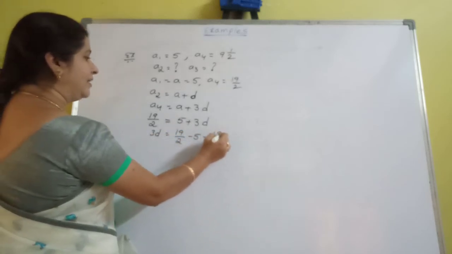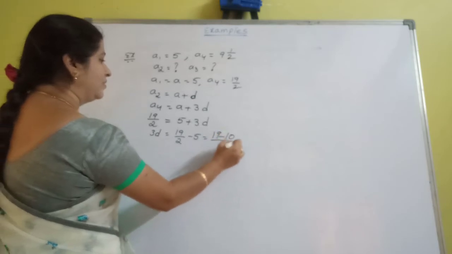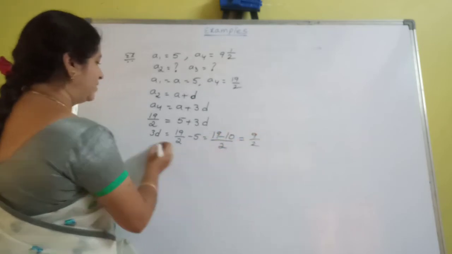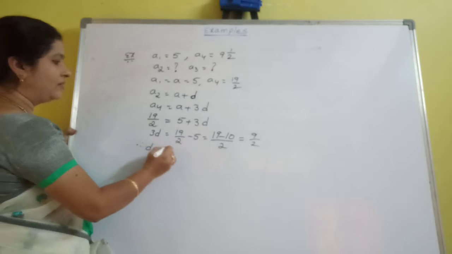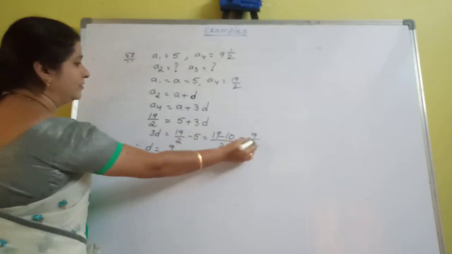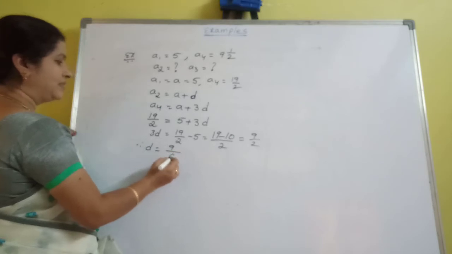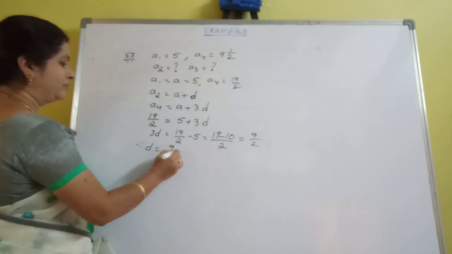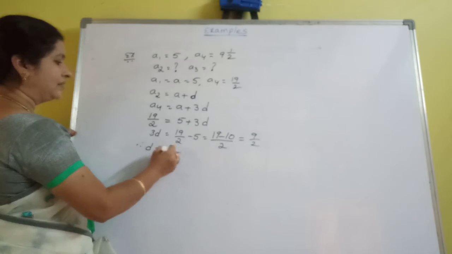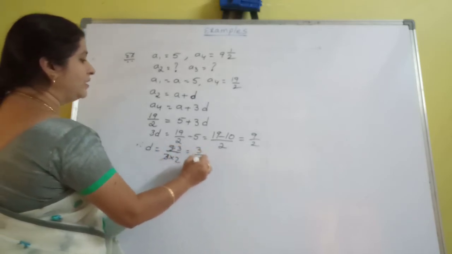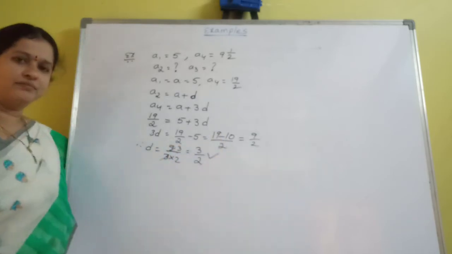So it is 19 minus 10 by 2, so it is 9 by 2. So therefore d value equal to 9 by 6 comes here. 3 into 2, cancel the 3. So D value is 3 by 2 we got.